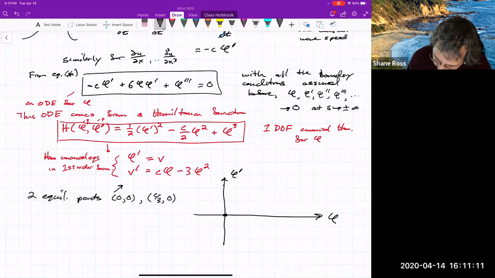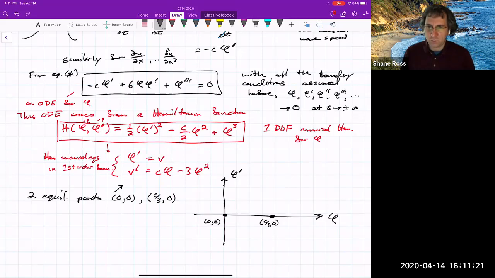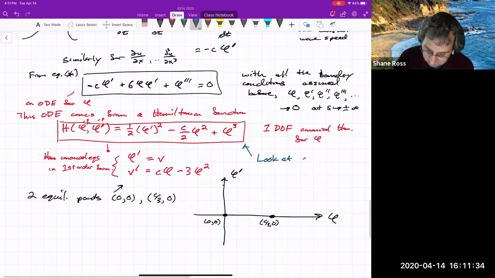So there's an equilibrium point here and an equilibrium point here. And just like we would do with any simple 1-degree of freedom Hamiltonian system, we don't even have to solve that. We could just look at contours of H, and that'll basically give us the phase portrait.